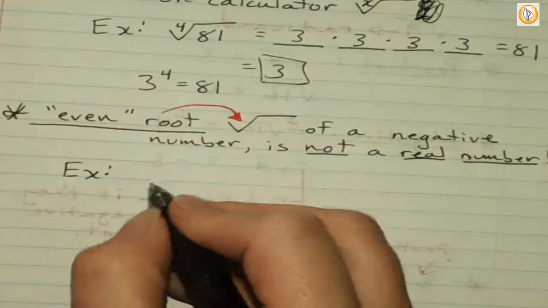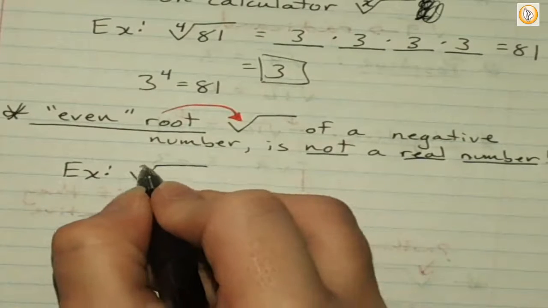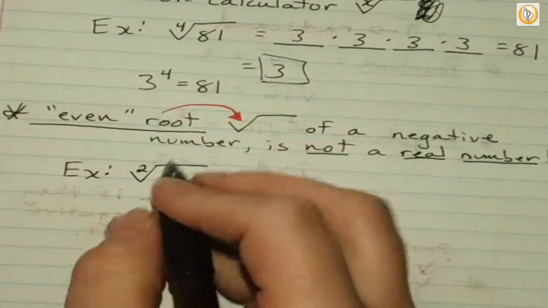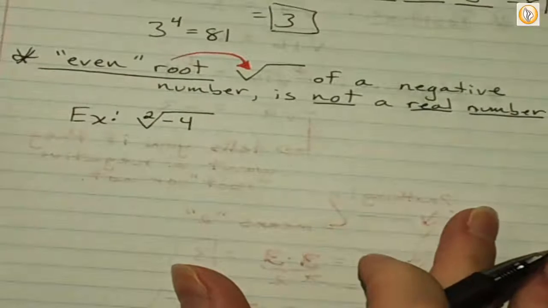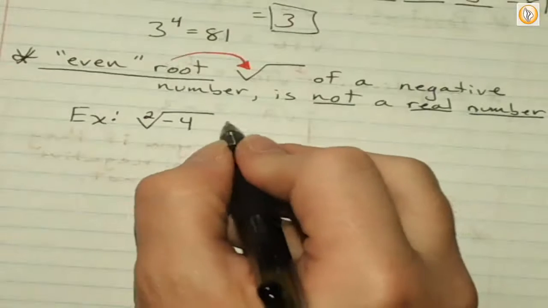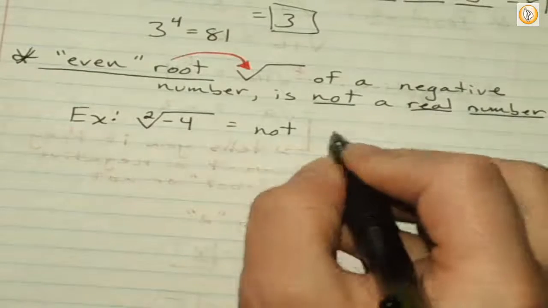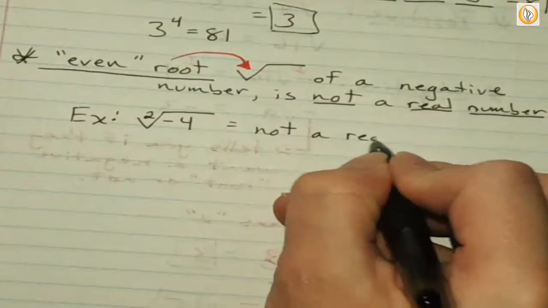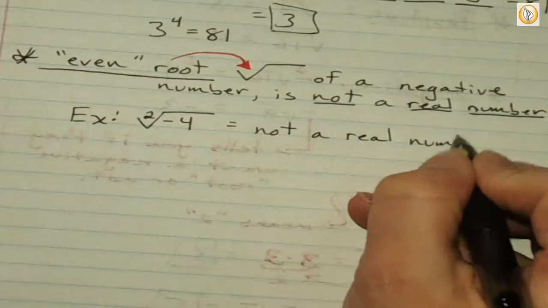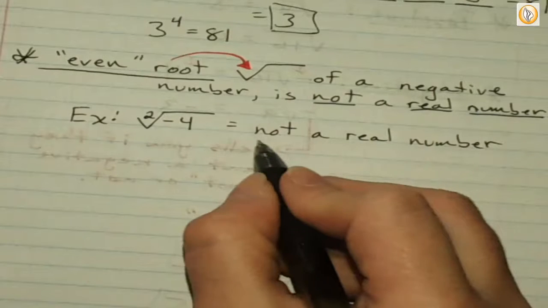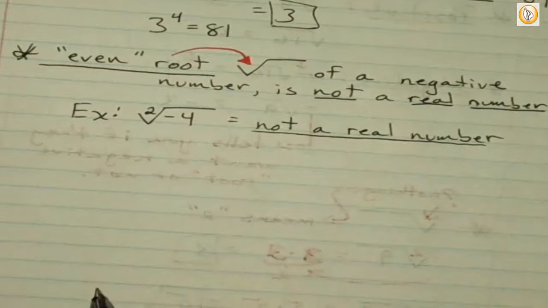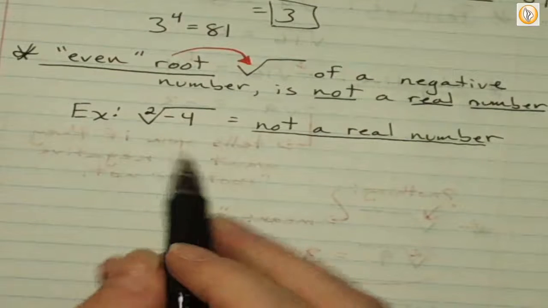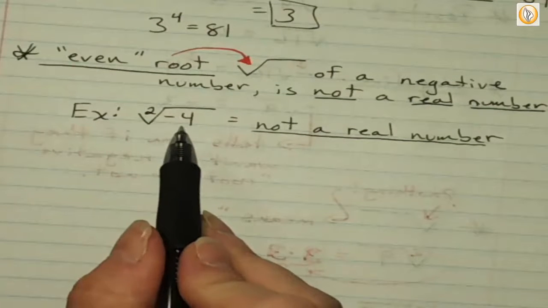For example, the square root of negative 4. Not a real number. Because how can you get a negative 4?